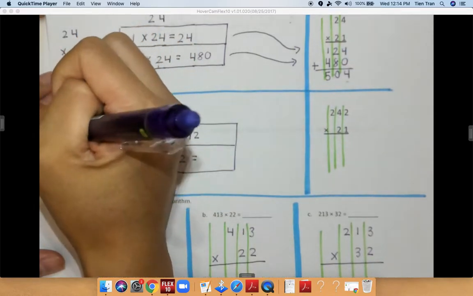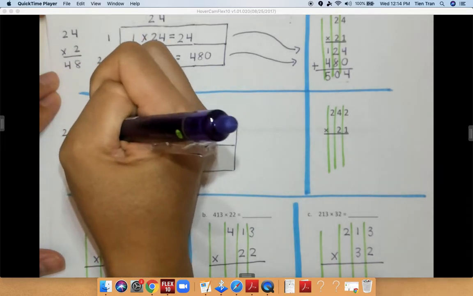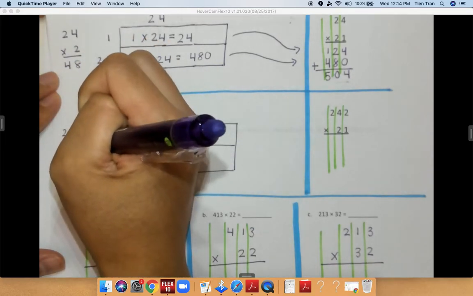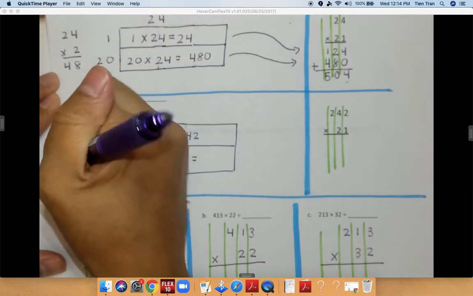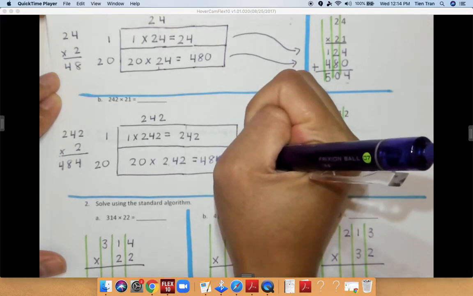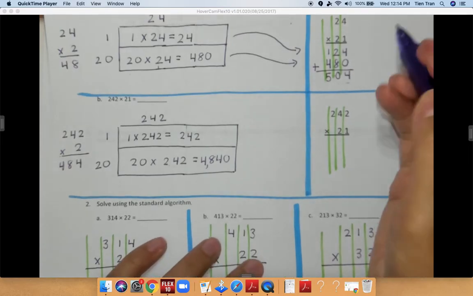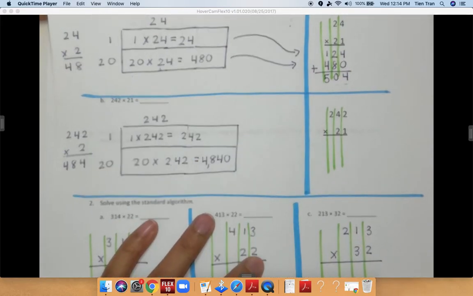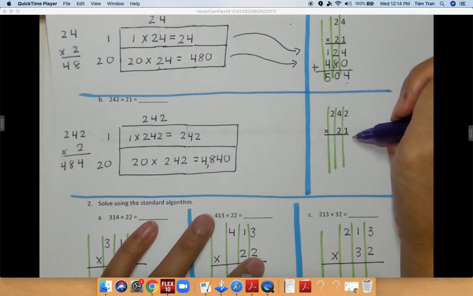So I'm going to solve for it on the side. 242 times 2. 2 times 2 is 4. 2 times 4 is 8. And 2 times 2 is also equal, not 8, is equal to 4. So I get 484. Don't forget to add your 0. So I get 4,840 and 242.